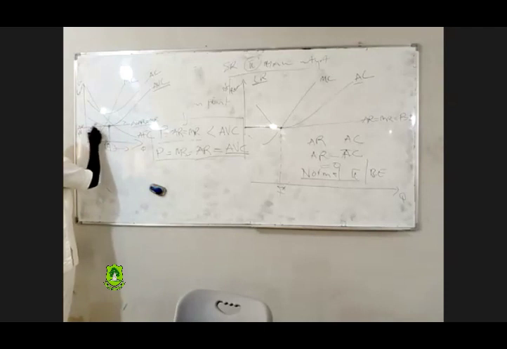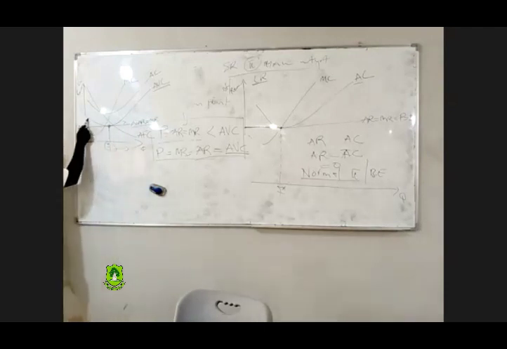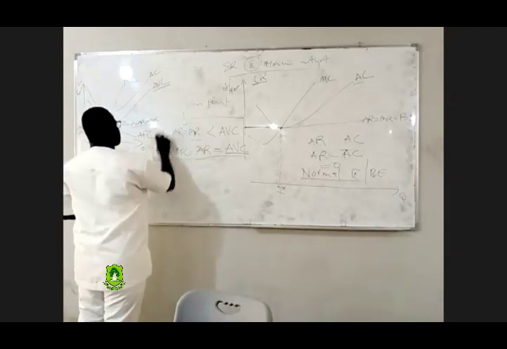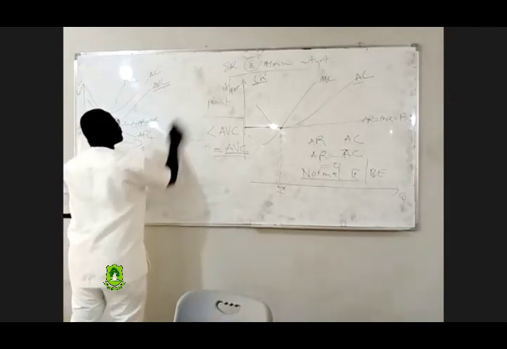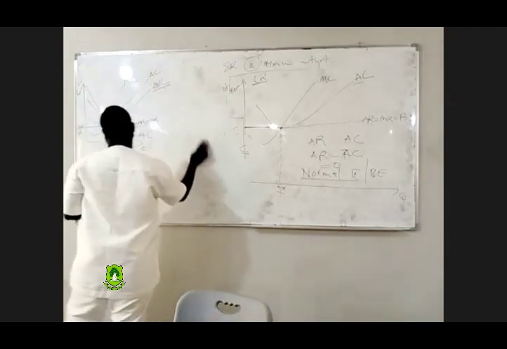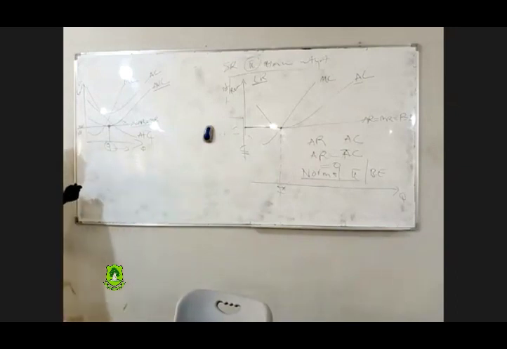So here, remember, what is happening here? Where is average revenue? It is here. Where is marginal cost? It is here. This is average cost, and this is average revenue.